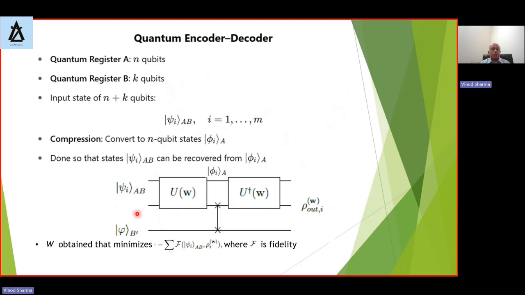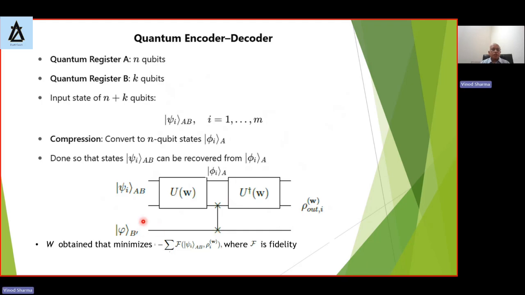So the circuit for this is the n plus k qubit input. You pass it through a variational quantum circuit, which we are going to write as U W. W is the parameter. And at the output of it, this overall thing is again n plus k. This part, the initial n part, we are writing as phi i A, corresponding to psi i A. And here we put a swap gate.